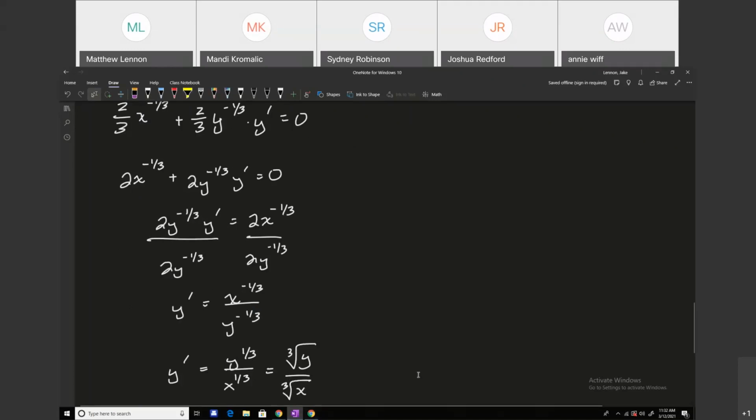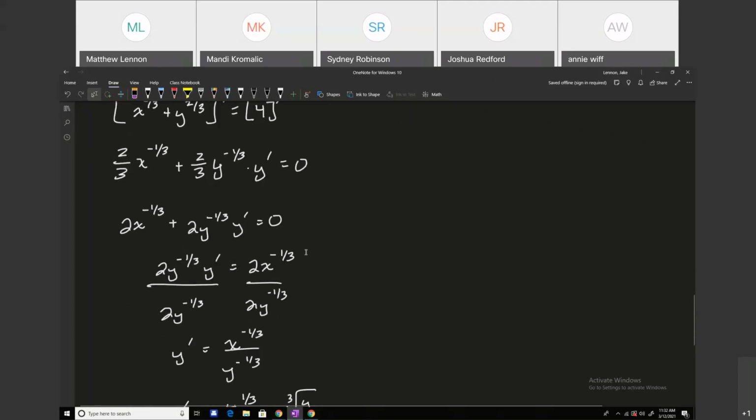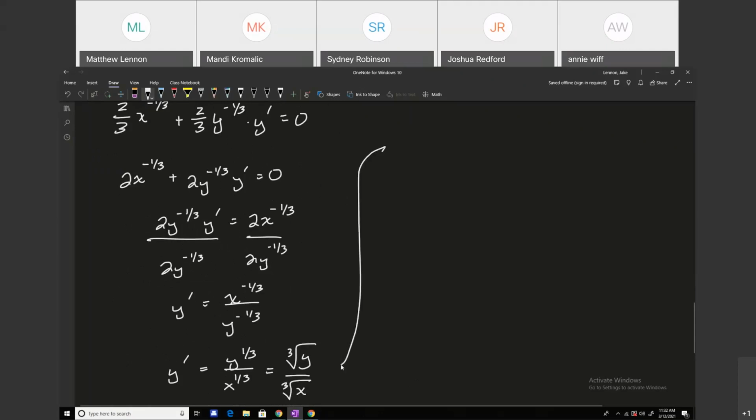However you prefer, but we want to find the tangent line at this point, negative 3 root 3, comma 1. So the first thing we want to do is find the slope. Our slope, we plug in the points. So we plug in 1 for y. It's going to be the cube root of 1 over the cube root of negative 3 root 3. So quite the complicated slope here. Does that simplify in any meaningful way?